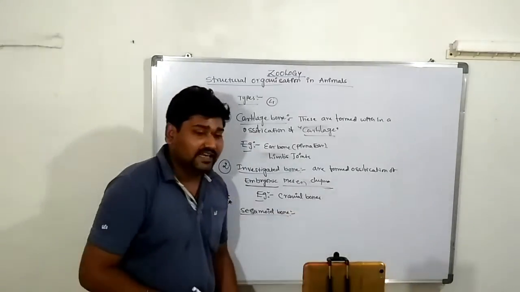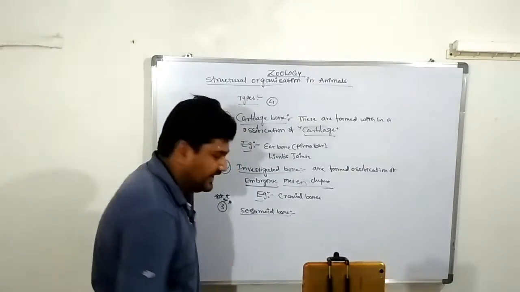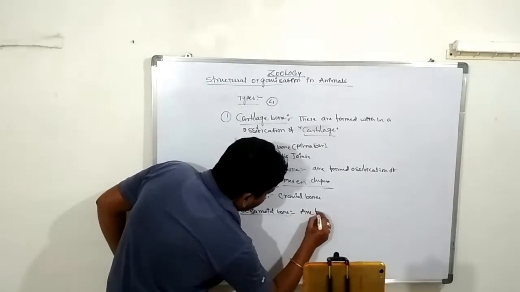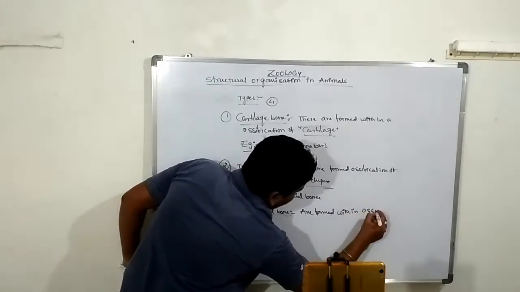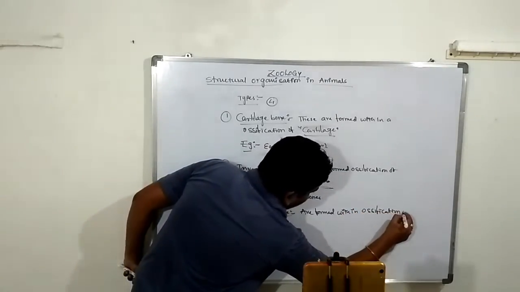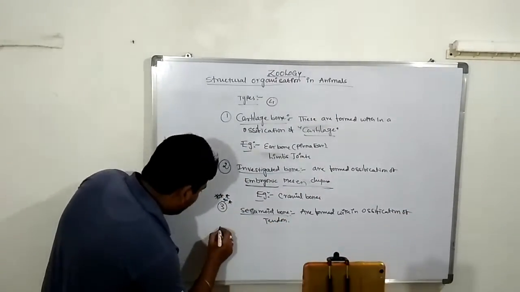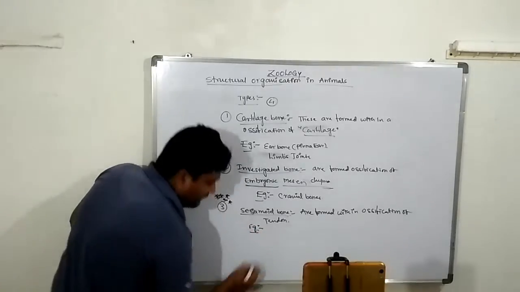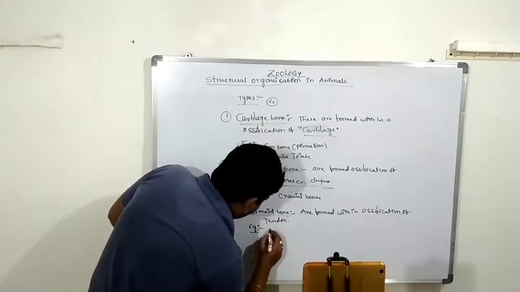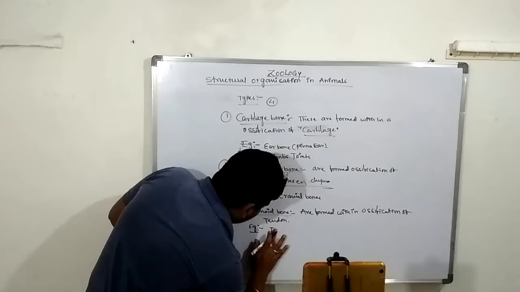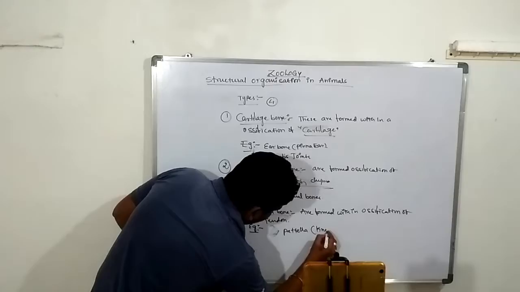These are formed by ossification of tendon. Example: patella, or knee bone.